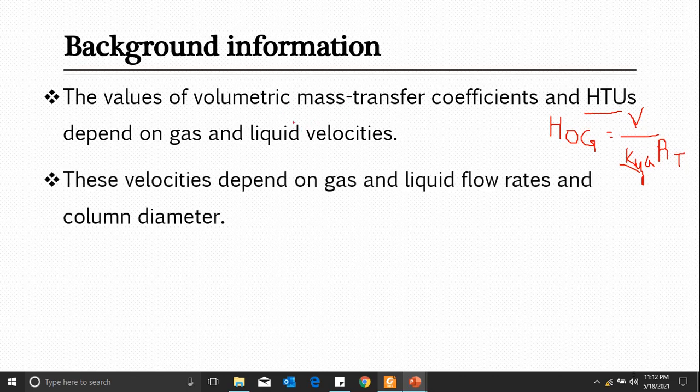So when something is dependent on the velocity inside the column, the velocity is actually dependent on something else, and that is the flow rate as well as the diameter.